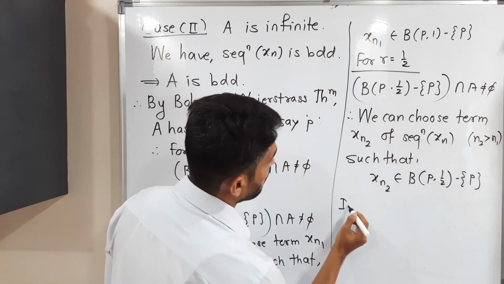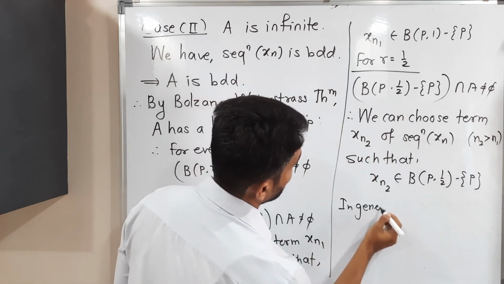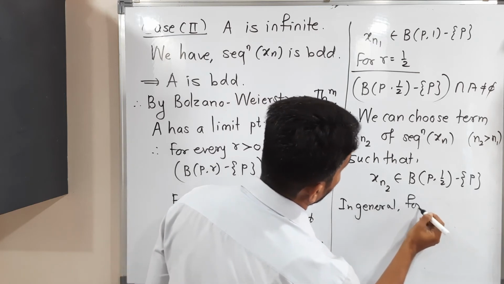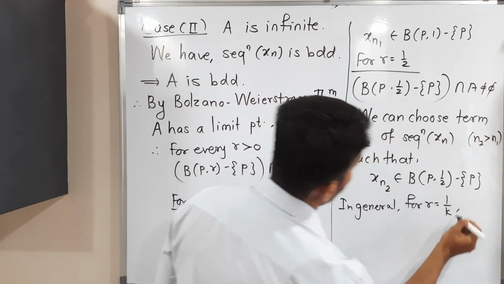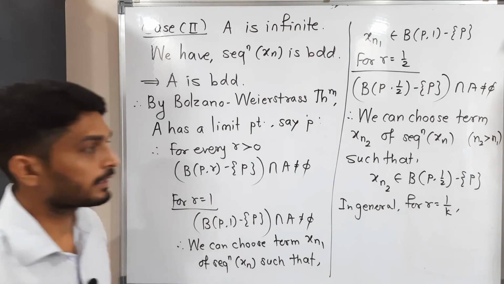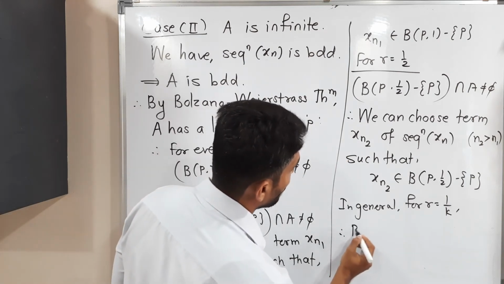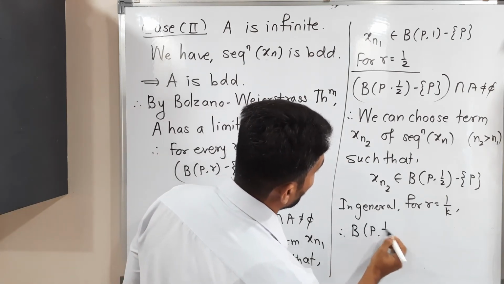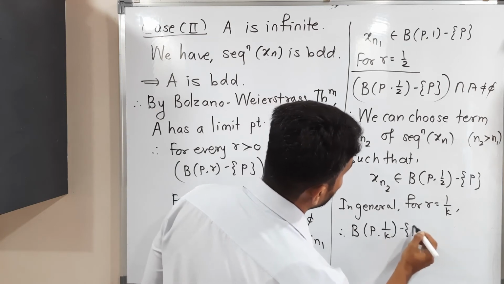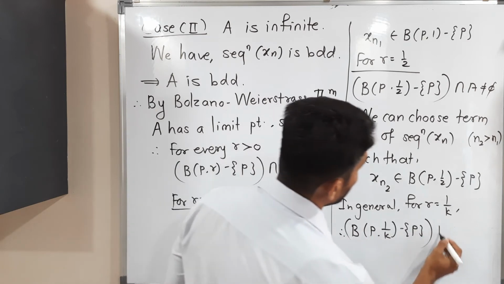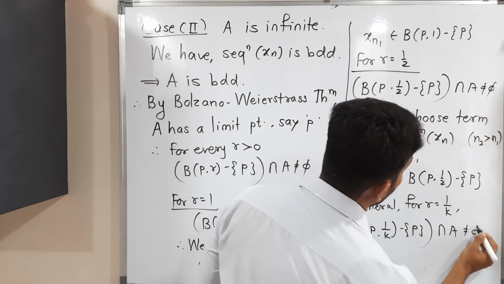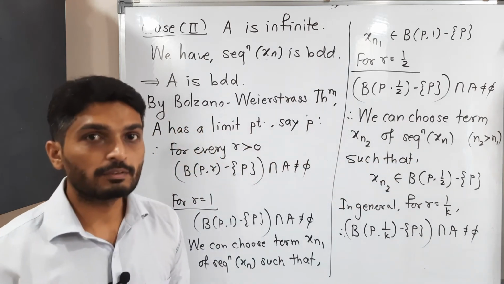So in general, what can we write? For r equal to 1 by k, tell me, if I put r equal to 1 by k, what will you have? Therefore, B(P, 1/k) minus singleton P intersection A is not equal to phi. So again we can find some term.